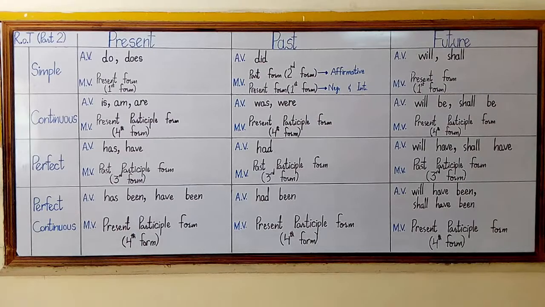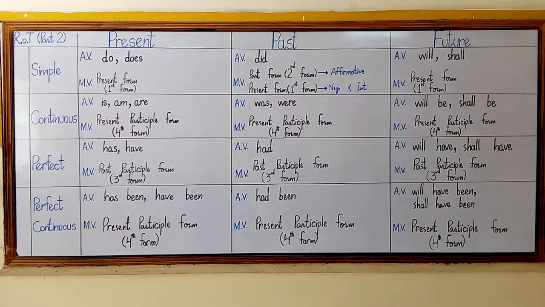Let's focus on this chart of tenses. As you know, there are three main tenses: present, past and future. And you can also look at the board. Every main tense has four further categories: simple, continuous, perfect and perfect continuous.